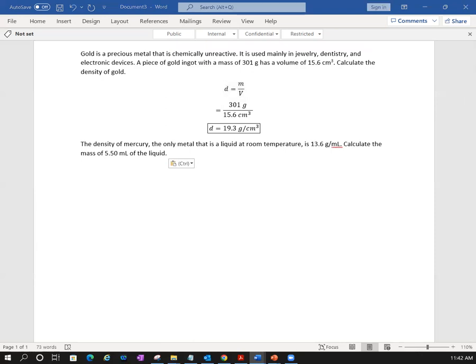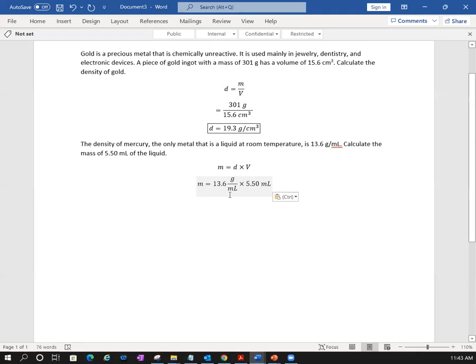So, ang kalalabasan niyan ay ganito. Mass is equal to density times volume. Then, isusubstitute lang natin yung mga values ng density. Ang density ay 13.6 gram per ml. Then, yung volume natin ay 5.50. So, 13.6 gram per ml times 5.50 ml.